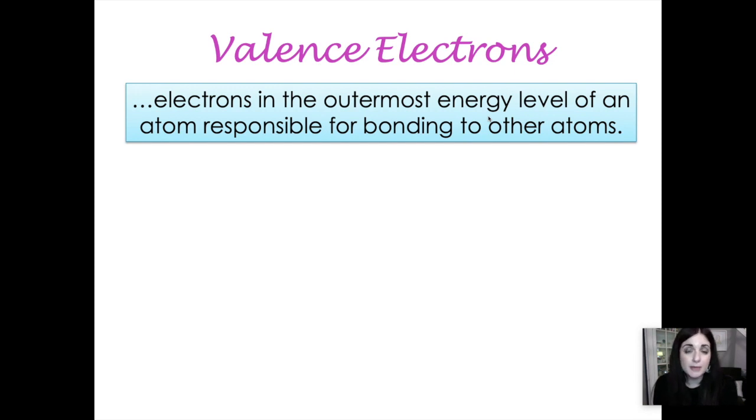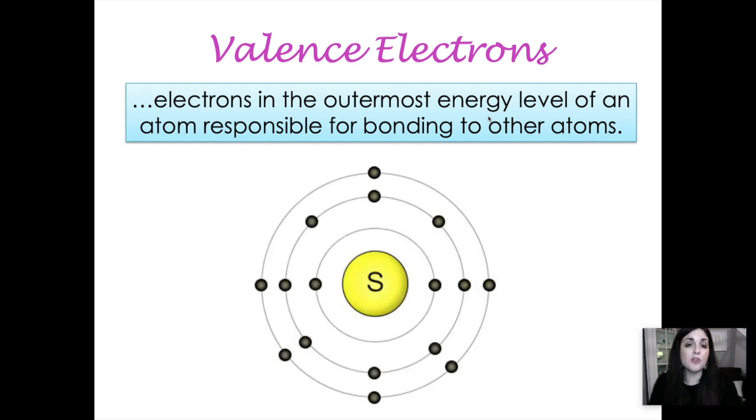So your alkali metals, for example, all have one valence electron. And that's why they all react so similarly to one another, because they have the same number of valence electrons. Same thing with the noble gases, and same thing with the halogens, and all of your other groups of elements for that matter.